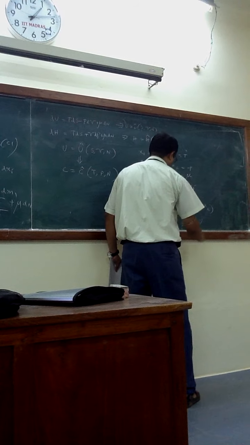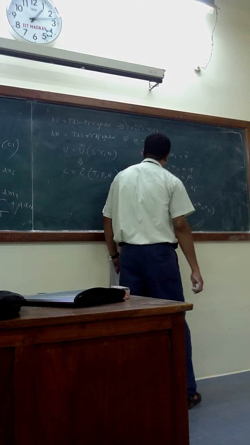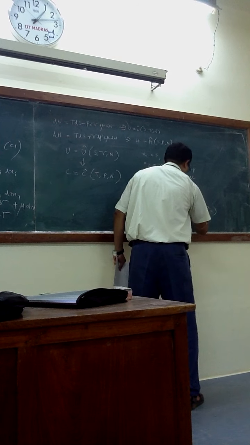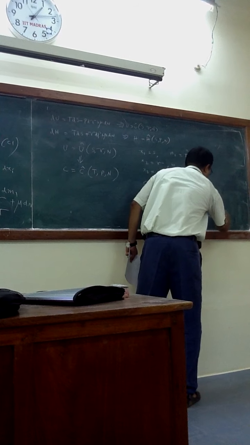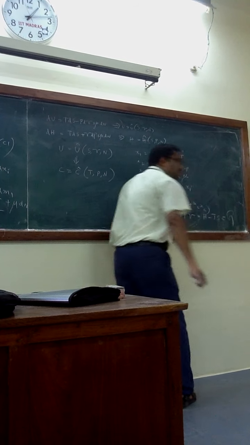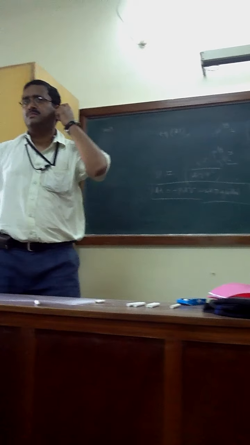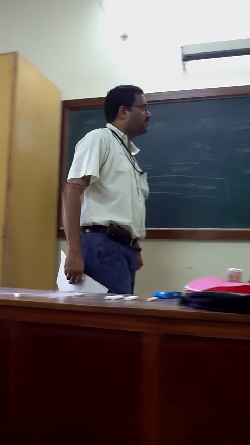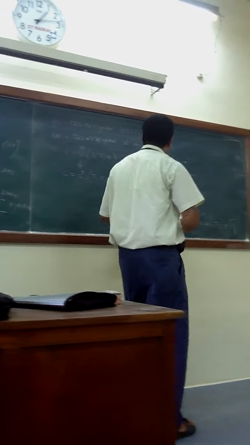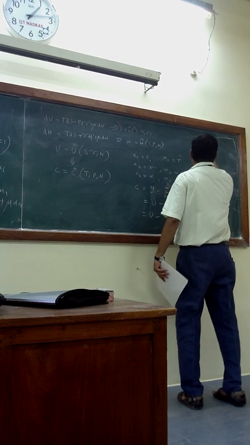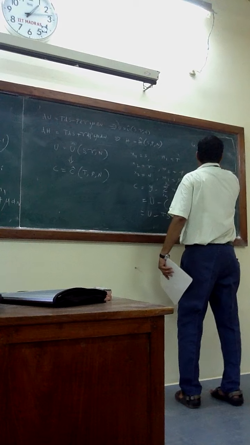M2 is minus P into X2 is V. H minus TS gives the free energy. So we got G equals H minus TS.